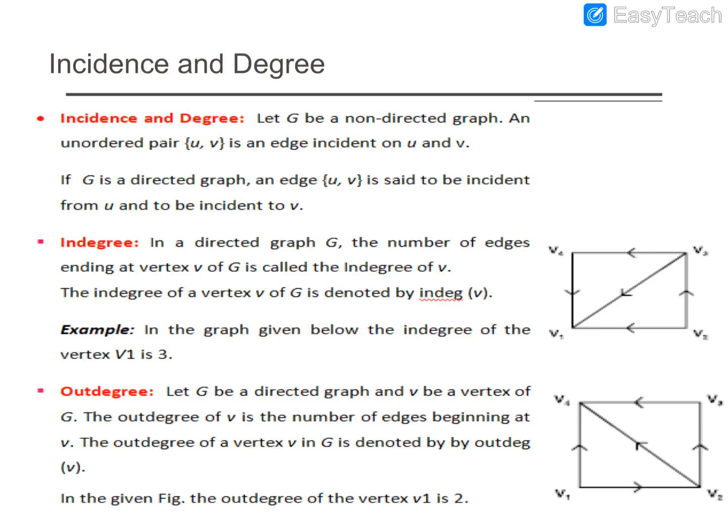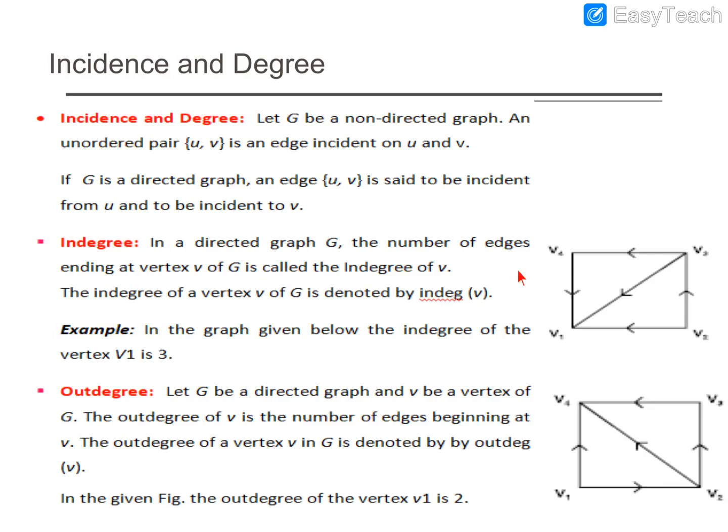In a directed graph G, the number of edges ending at vertex V of G is called the in degree of V. The in degree of a vertex V of G is denoted by indeg(V).